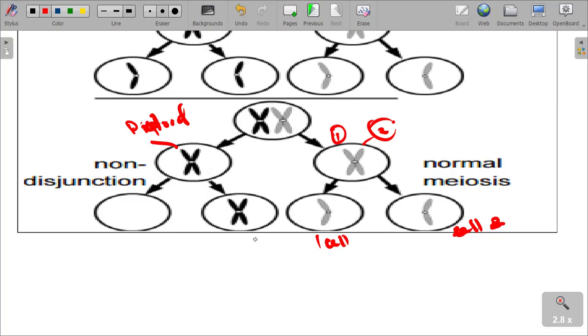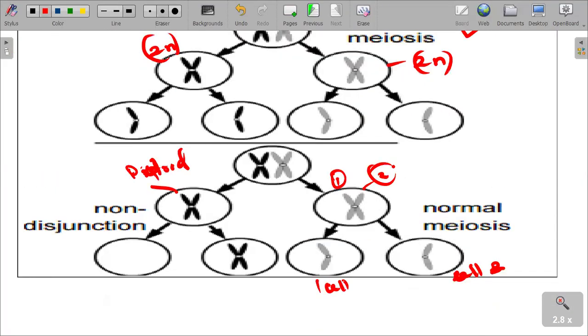So now what happens is that in instances whereby this cell, can we name it A?